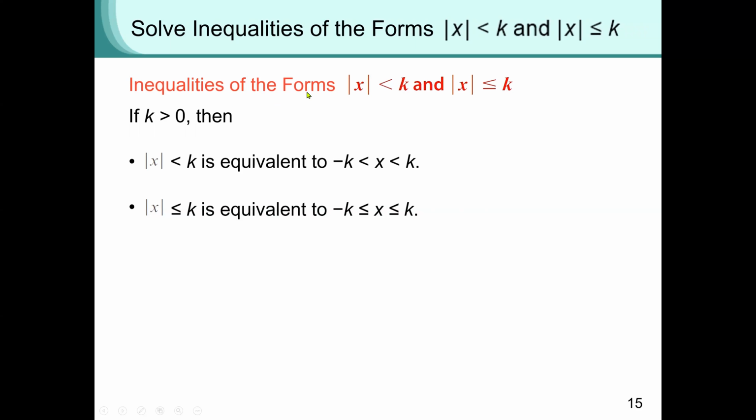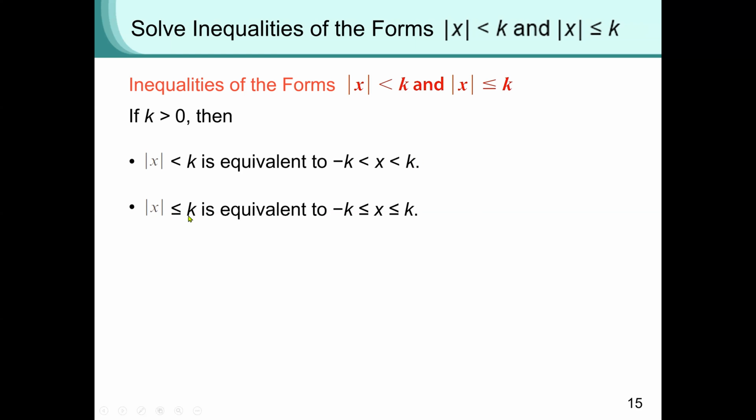Inequalities of the form absolute value of x is less than k and absolute value of x is less than or equal to k hold only if k is greater than 0, which means again k is a positive value and it's not 0. Then we can say that absolute value of x less than k is equivalent to x should be greater than negative k, and it should be less than k. That will be the range.